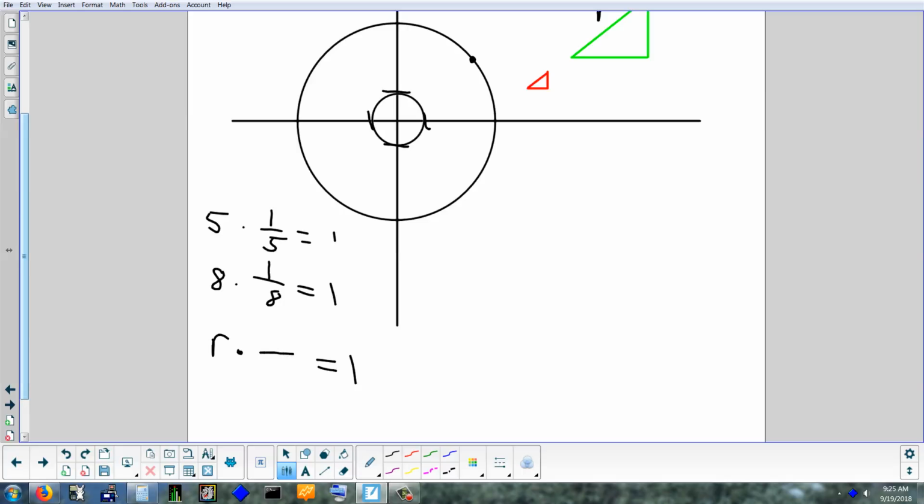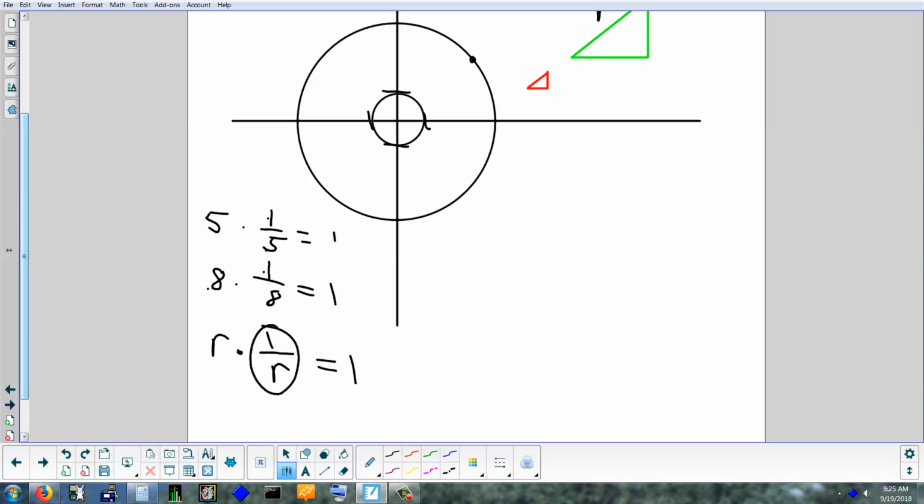Well, when it was 5, we did 1 over 5. When it was 8, we did 1 over 8. So it's 1 over r.